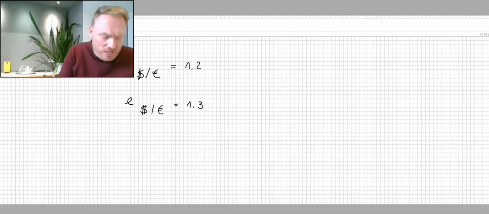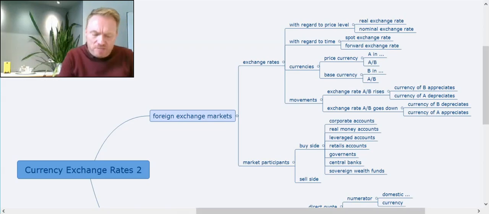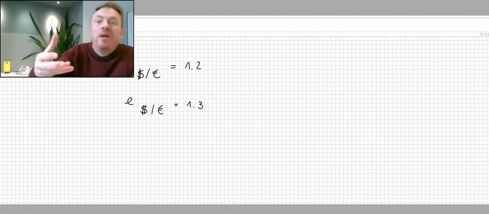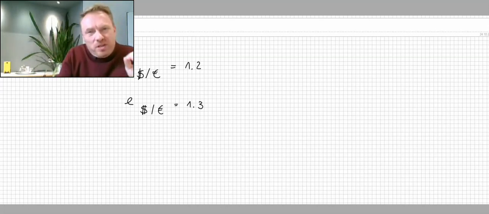That's the first question. Here, as we can see in the mind map, there's the notation that we will deal with, like A per B. A is called the price currency, whereas B is the base currency. If we're dealing with dollars per euro, it means that 1 euro will buy $1.2, or an American citizen needs to pay 1.2 US dollars in order to get 1 single euro.